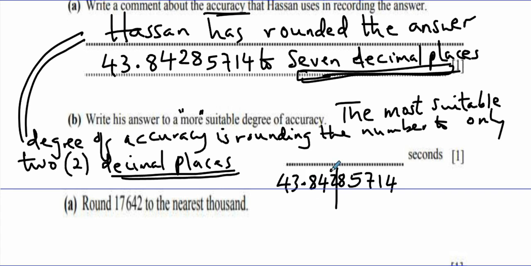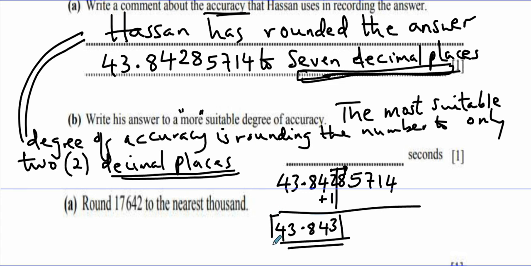So check to the right. There is 8, so you'll be adding 1 over here. Then you'll be getting 43.843. This is the answer to only 3 decimal places. Now, how about this 85714? You ignore them. For decimal places, don't keep them over here.